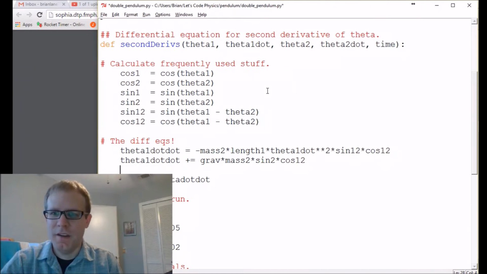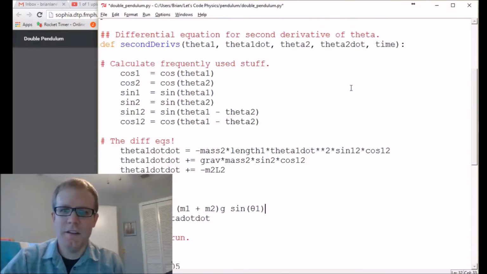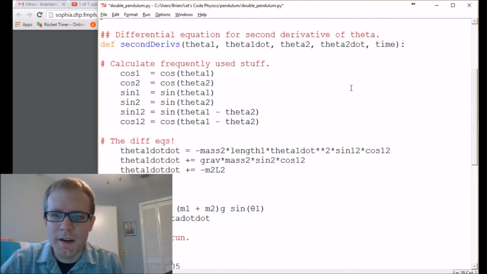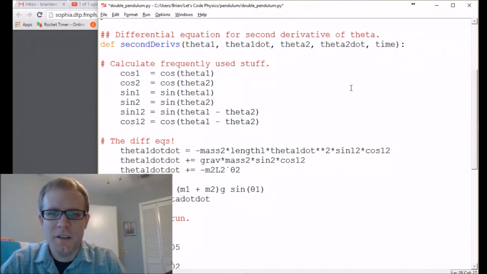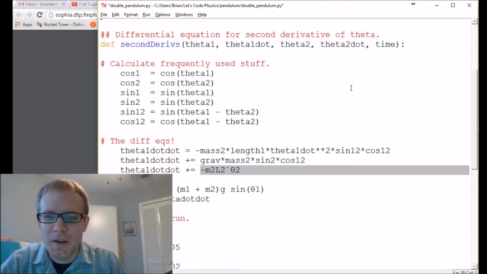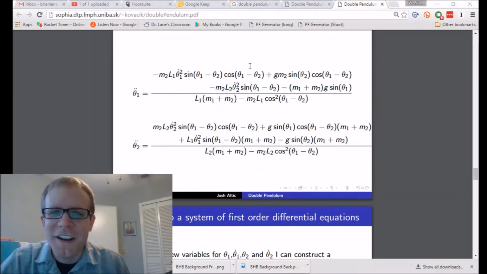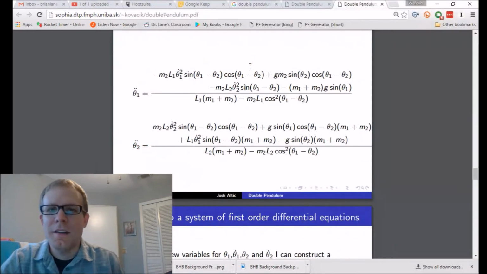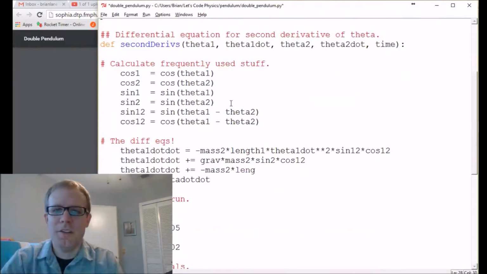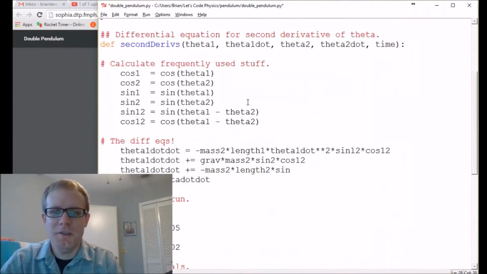So we'll have a theta 1 double dot plus equals. I wonder if you can fit this whole thing on one line within the screen. Oh my, I got some errant carriage returns. Okay, maybe I don't like doing that so much. That's going to confuse me. All right, so I got a negative mass 2 times length 2 times sine 1, 2.